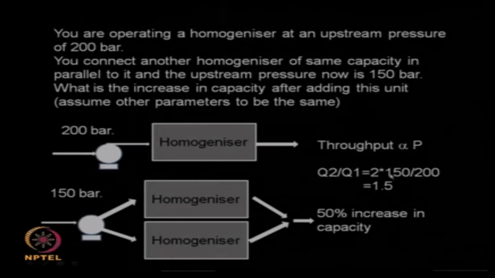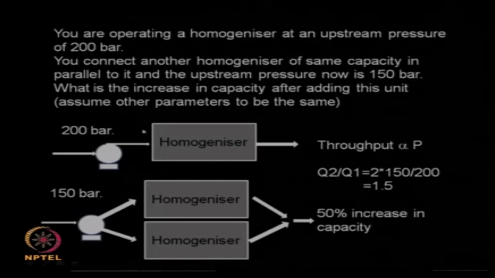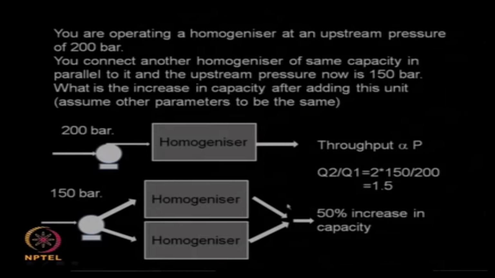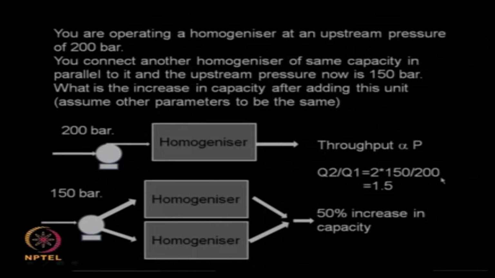Do you understand this? Q2 is the capacity of this system, Q1 is the capacity of the original system. So Q2 by Q1 equals 2 times 150 by 200, which gives 1.5.